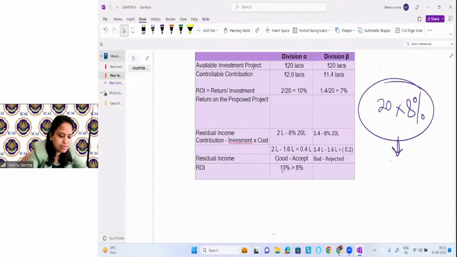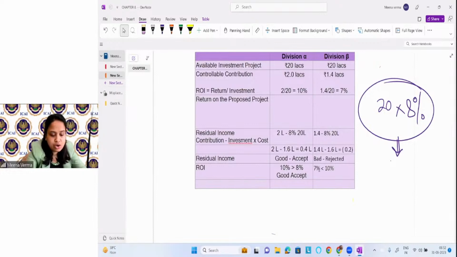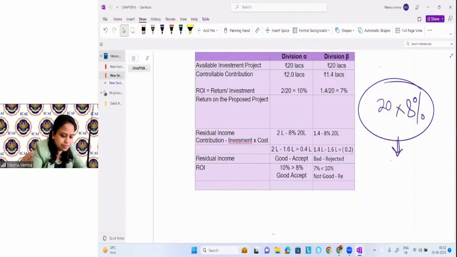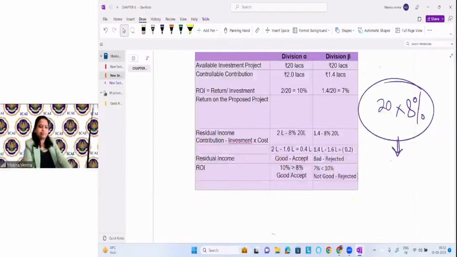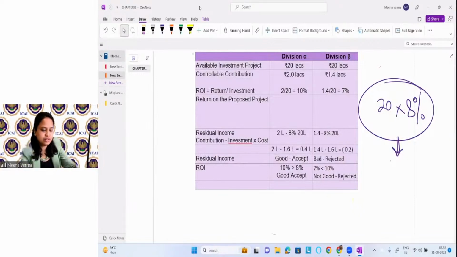So we said that this is good and it should be accepted, though the manager has rejected it. And here, the 7% return is less than the cost, which was 10%. Not good, right? So it should be rejected. This is the way the company should take the decision.